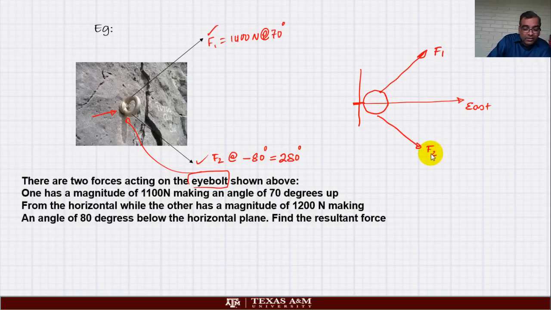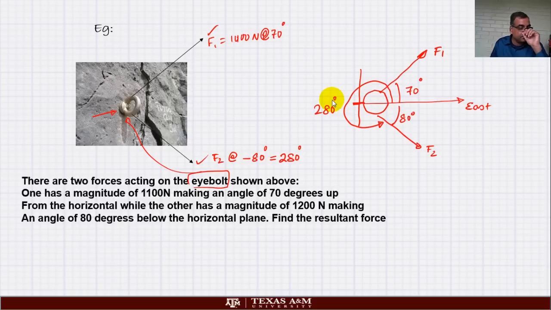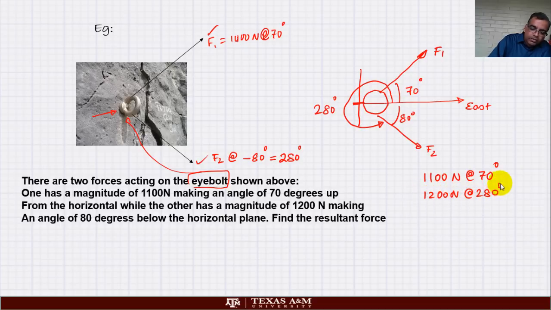Of course, the angles I have drawn are not correct. 70 degrees will be a lot steeper. 70 degrees this way, 80 degrees this way, and that turns out to be 280 degrees that way. Okay, so I got two forces, 1100 newton at 70 degrees and 1200 newton at 280 degrees. Now we are all set.